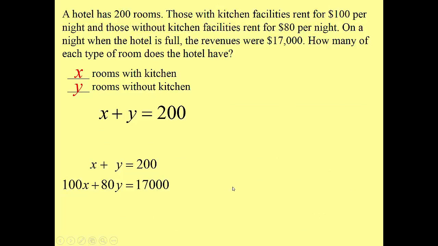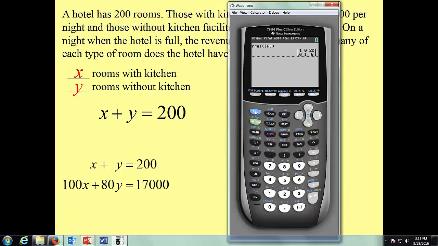Here's the same problem, but on our calculator. We go to the matrix editor, make sure it's a 2 by 3, and the augmented matrix, 1, 1, 200, 100, 80, and 17,000.